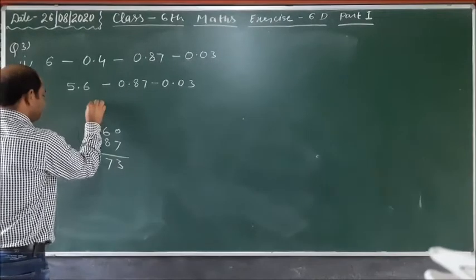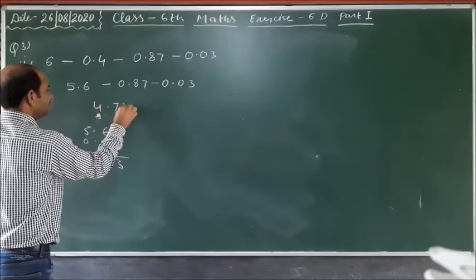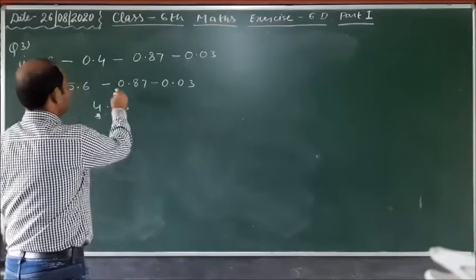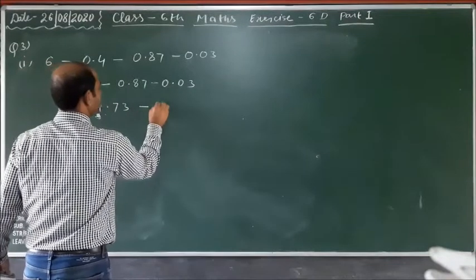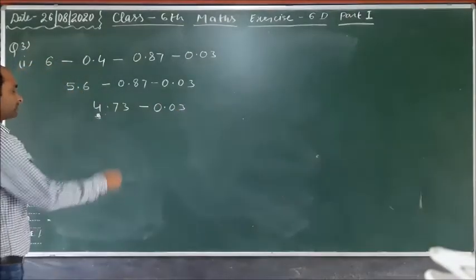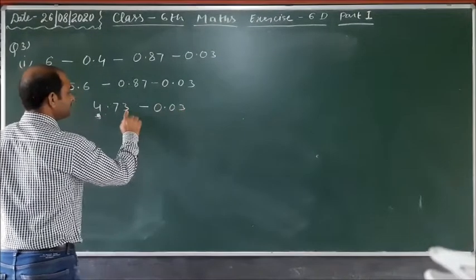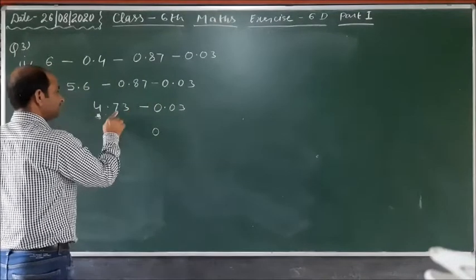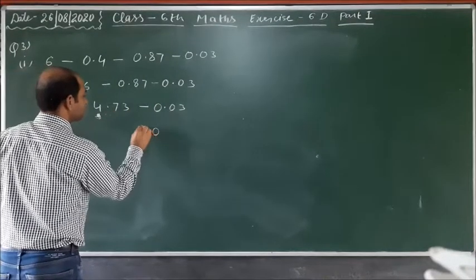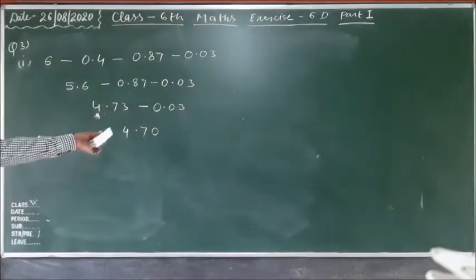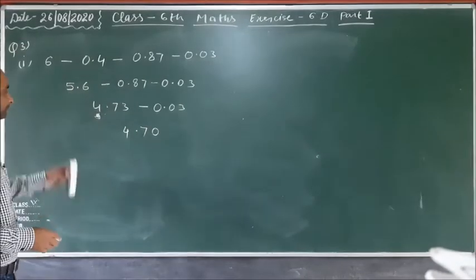So we write here 4.73. Okay. Now the next number is 0.03. Now subtract 3 minus, 10th place and 10th place. So 3 minus 3 equals 0. Here 7 minus 0 equals 7 and here 4. This is your answer.